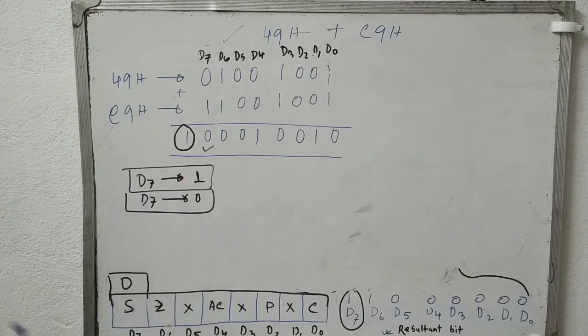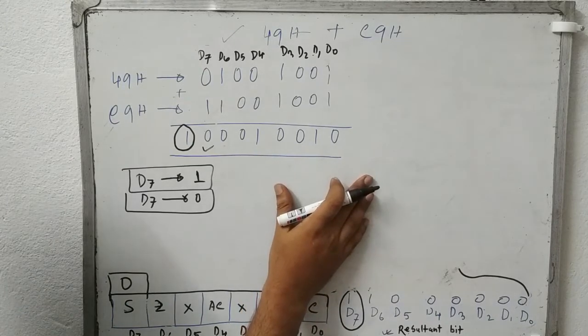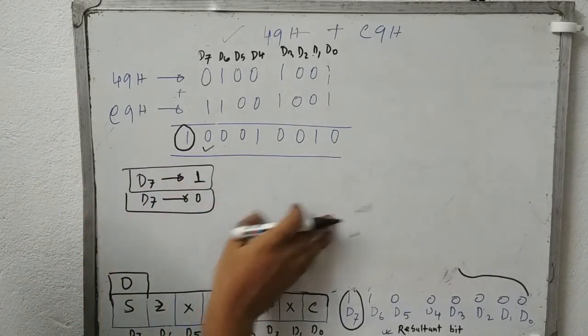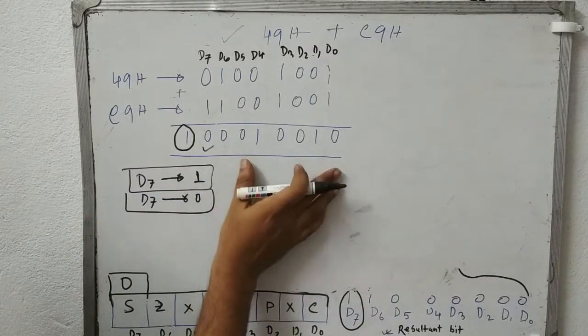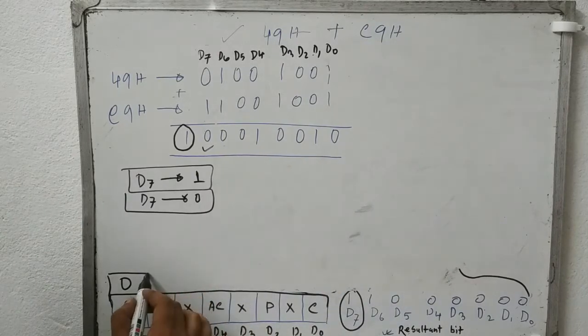Now the zero flag. I have told you that if we get a zero result, all 8 bits will be 0. Here not all 8 bits are 0, so the zero flag will not be set. It will be reset, again 0.